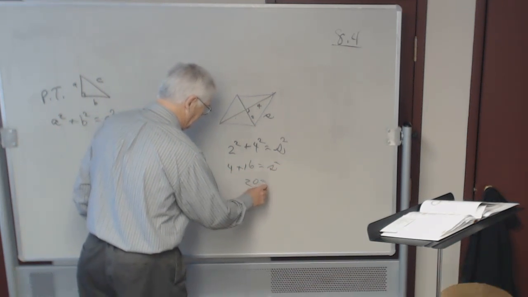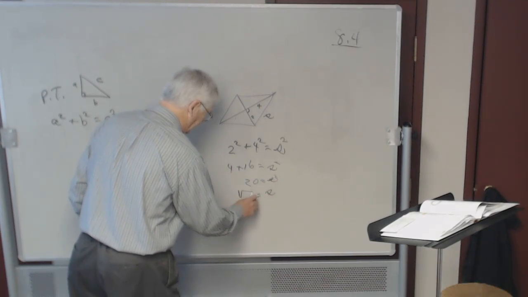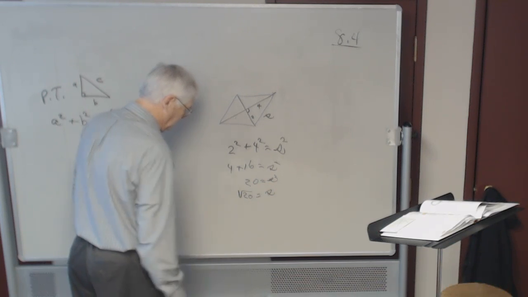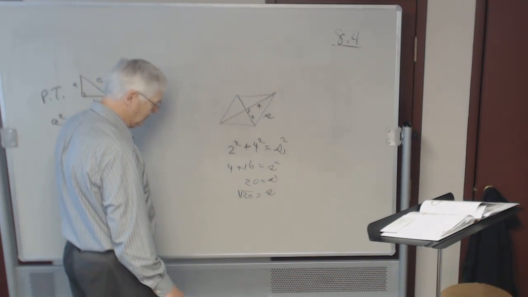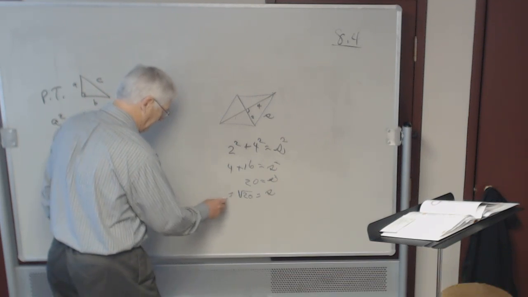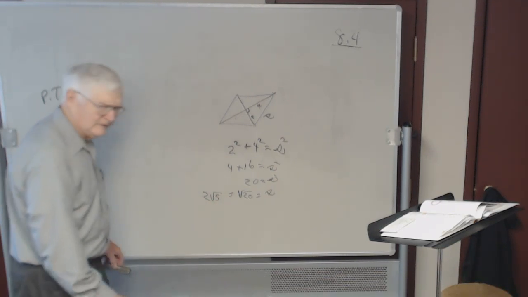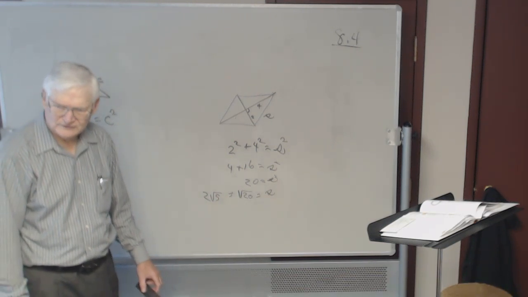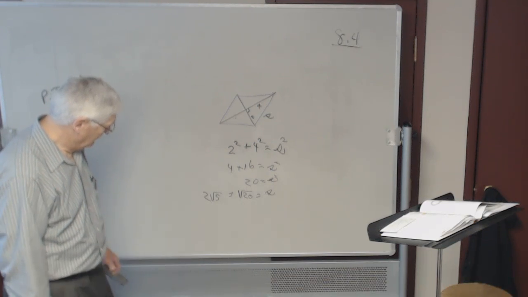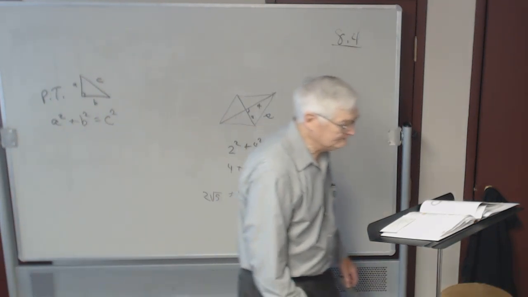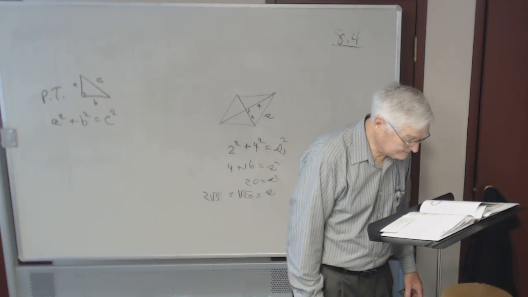So 20 is S squared. S is the square root of 20. Which would be what? 2 times the square root of 5. Do you remember doing radicals last semester in math? Good. If not, you might have to go back and look at that chapter again.